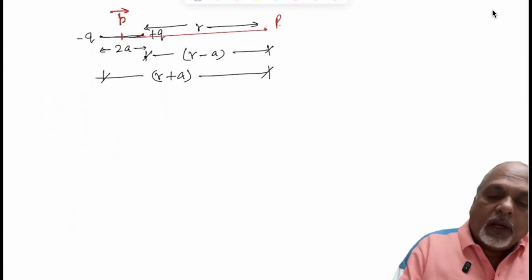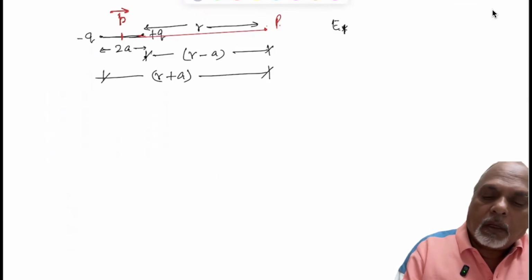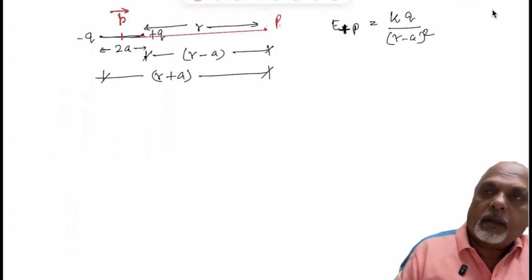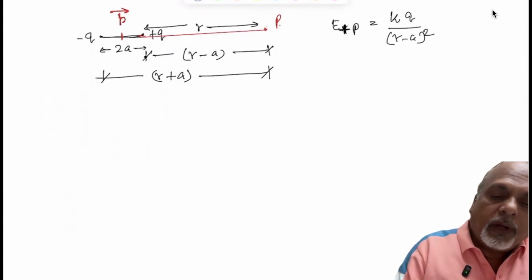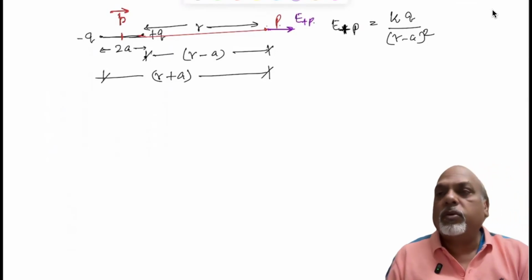Now, electric field due to plus charge at P is nothing but KQ upon (r minus a) square. Direction of this electric field will be like this, away from the charge, because it is due to the plus charge.